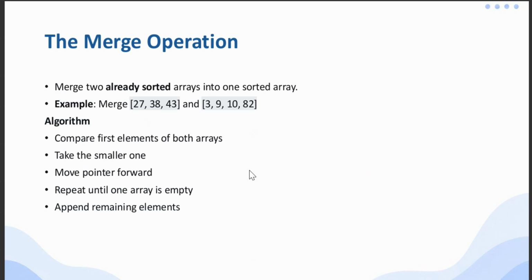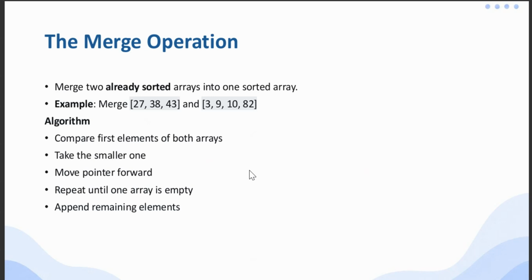Merging two already sorted arrays into one sorted array. For example, imagine you have 27, 38 and 43, and then 3, 9, 10 and 82. If you had to merge these two, what can you do?